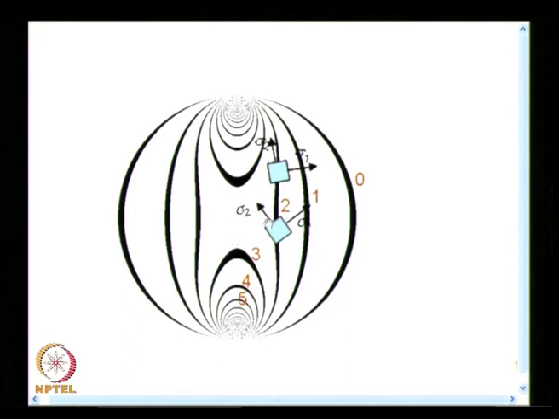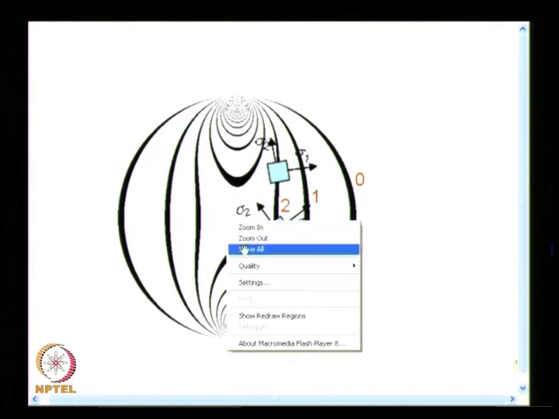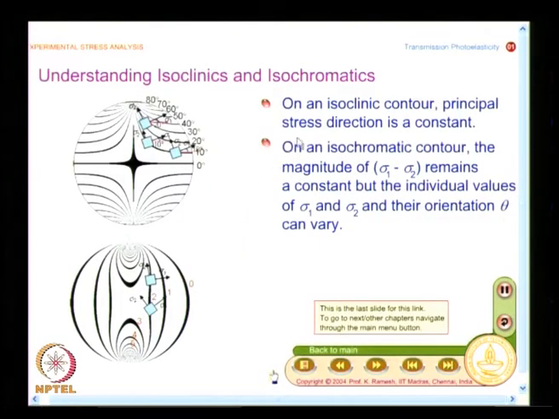And this you can actually put on one of your earlier contours. You do not have to redraw this; you have one of the isochromatics, and on that you can put this information. So, on an isoclinic contour, the principal stress direction is a constant.